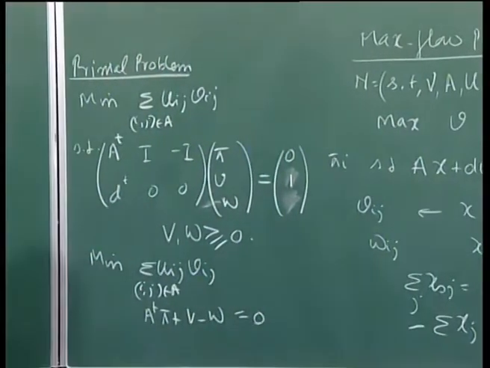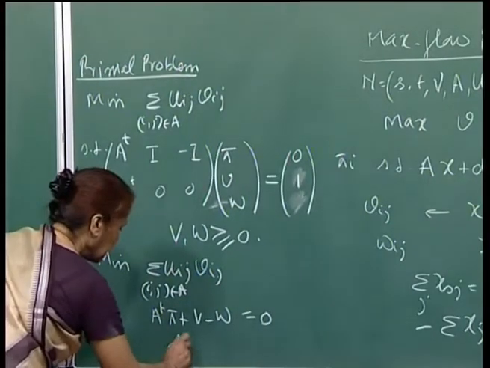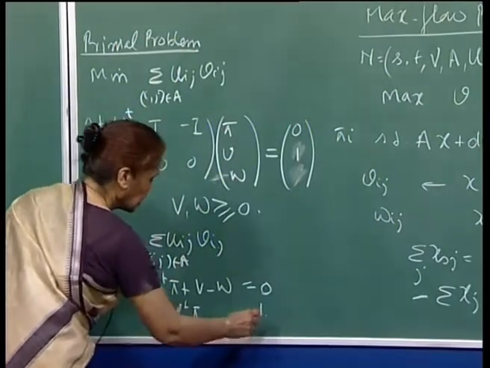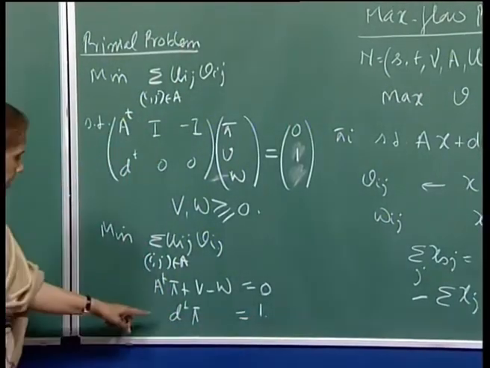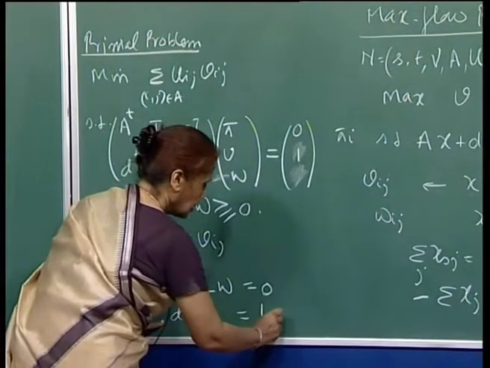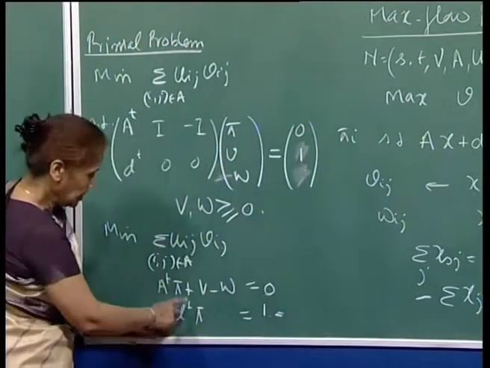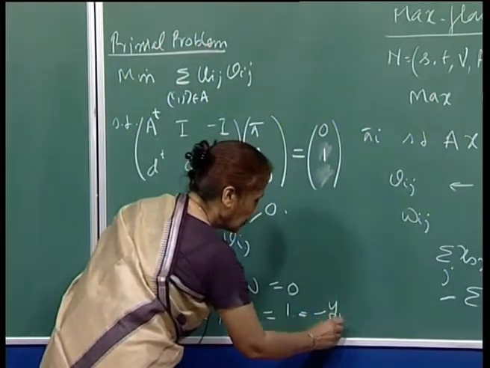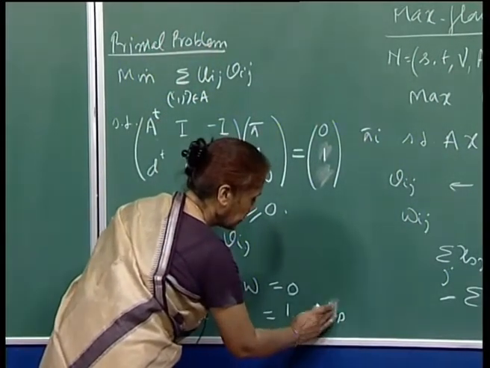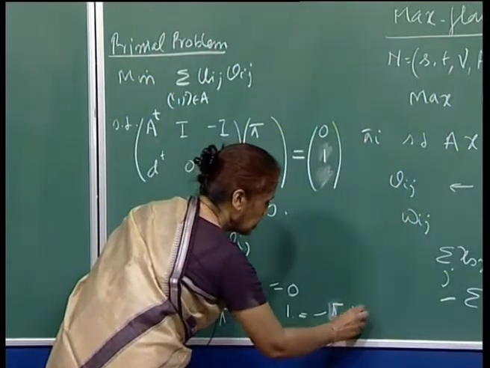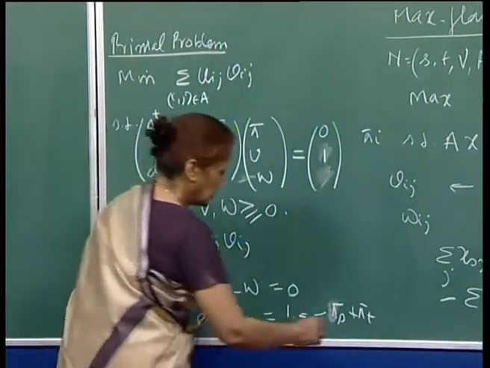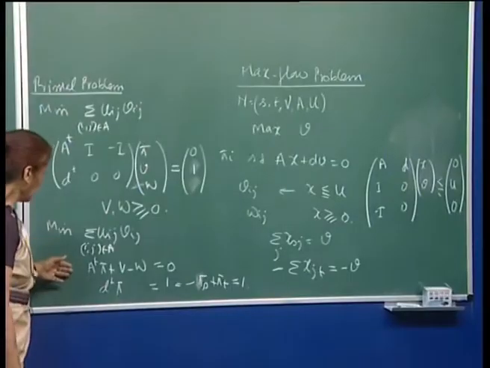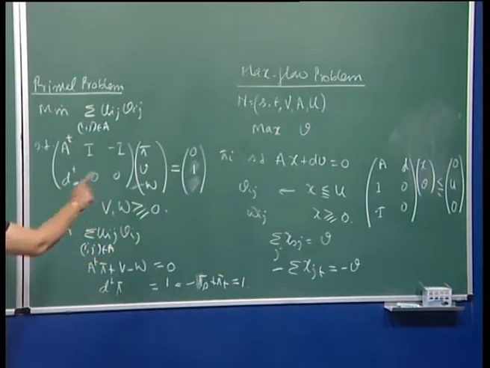So we have that D transpose pi is equal to 1. This constraint is simply equivalent to, because remember this is minus 1 and plus 1, minus pi s plus pi t equal to 1. Okay. So this is your primal problem, right, and that is my dual problem.